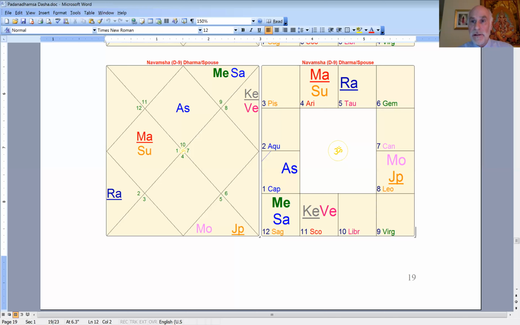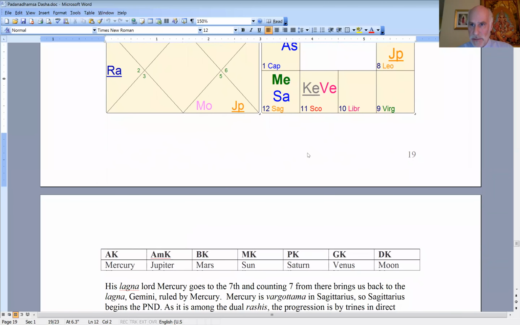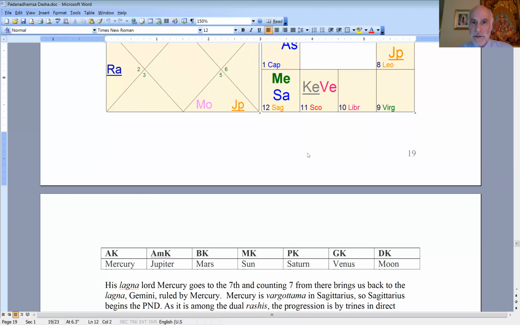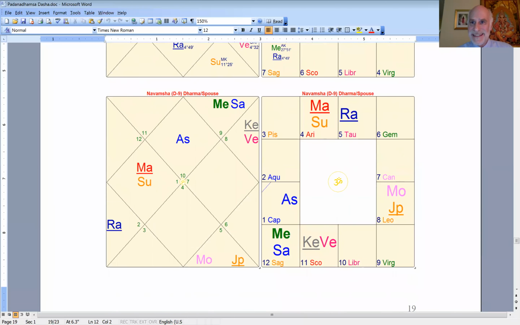And then, those of you who took my Essentials of Jaimini course, we talked about a special Jaimini Raja Yoga referred to as Maharaj Yoga that can come about when the AK, planet with the highest degrees, and the PK, the planet with the fifth highest degrees, are combined either in the Karakamsha or Swamsha Lagna or in the fifth house from there. So we see that that's exactly the case here. Mercury is his AK, Saturn is his PK, and they're in the Swamsha Lagna in the Navamsha that we're interpreting here, which is then a Jaimini Maharaj Yoga.